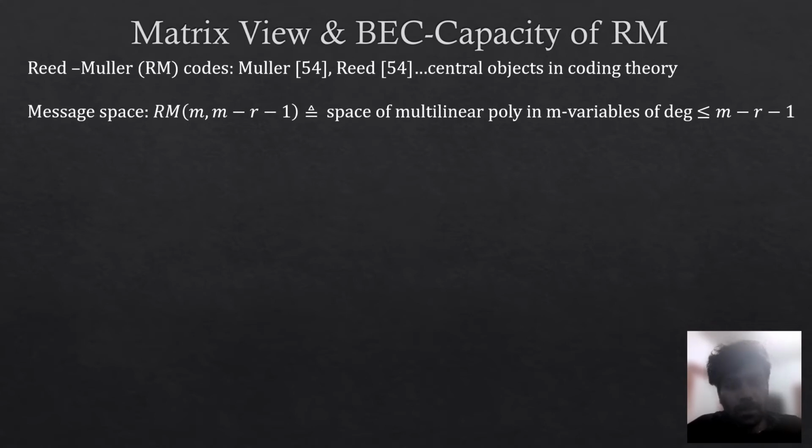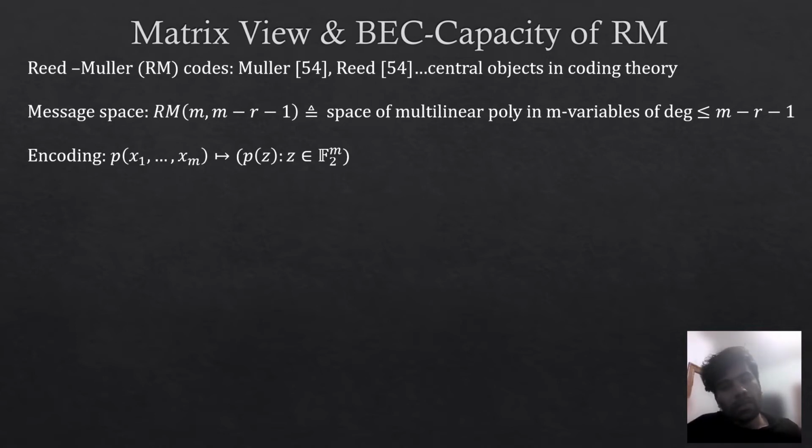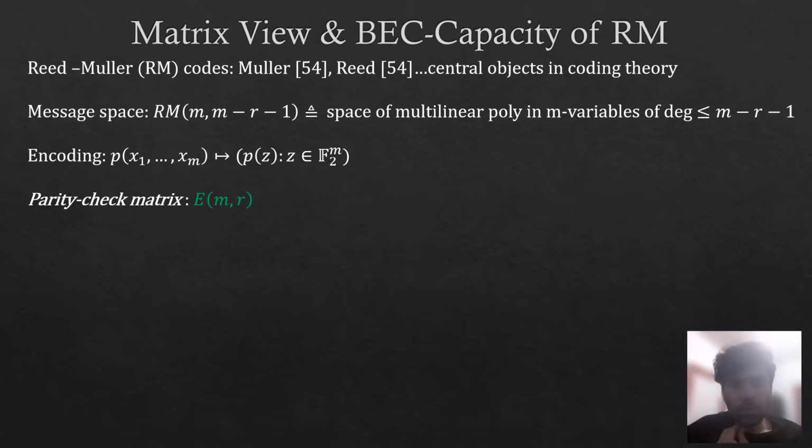The message space of these codes is the space of all multilinear polynomials in m variables of a prescribed degree bound, in this case m minus r minus 1, and the encoding of a message polynomial p is simply obtained by evaluating p at all locations in F2 to the m. And what we'll be really using for our proof is the parity check view of this code. We'll denote the parity check matrix with this notation E_MR.